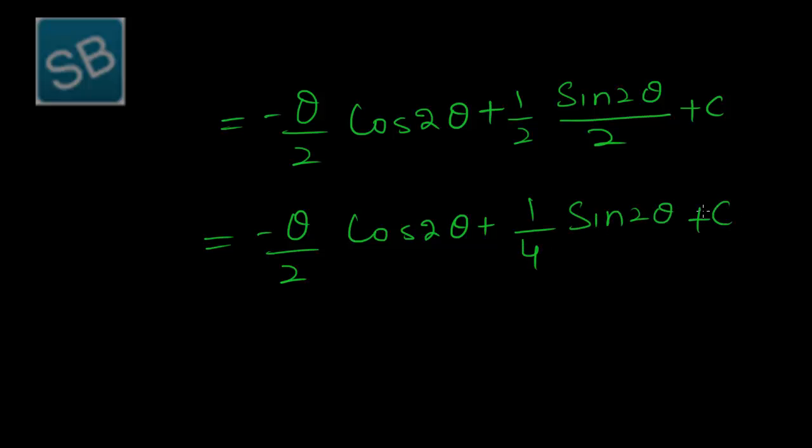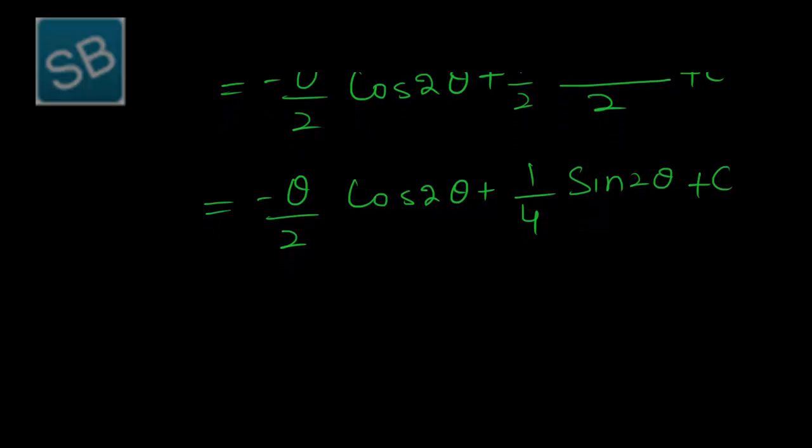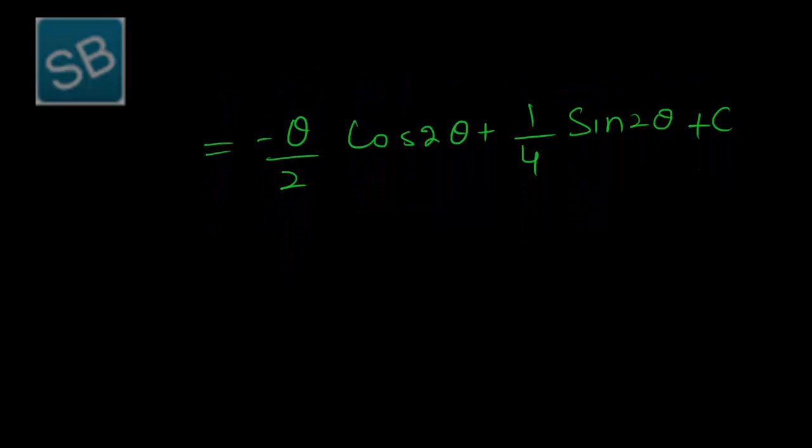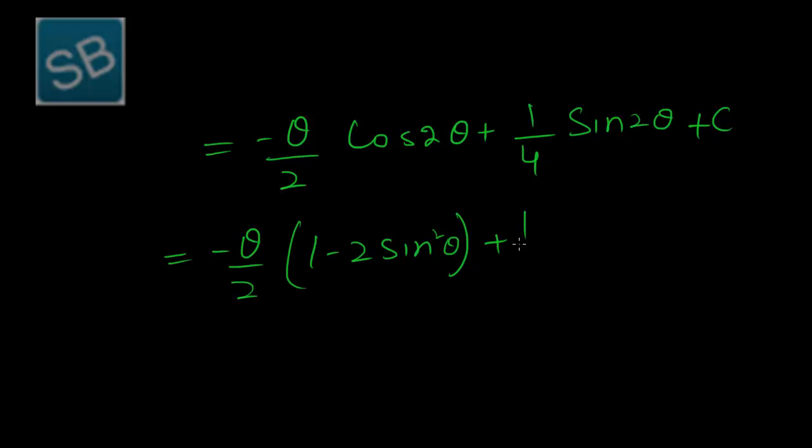But we have theta equal to sin inverse under root x. So we have to find cos 2 theta and sin 2 theta in the form of sin theta. So we get minus theta over 2, cos 2 theta is also equal to 1 minus 2 sin square theta, plus 1 over 4, we can write it as 2 sin theta cos theta plus c.